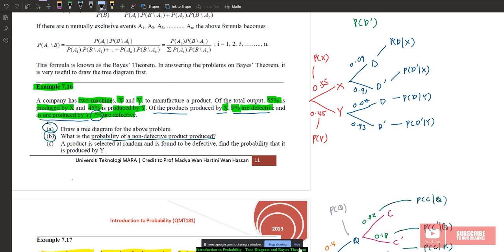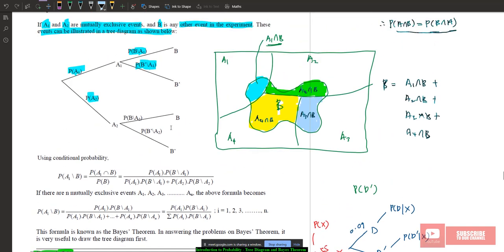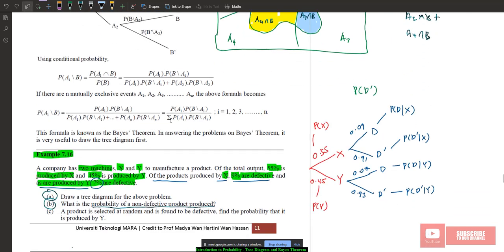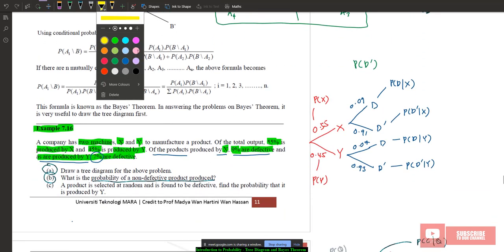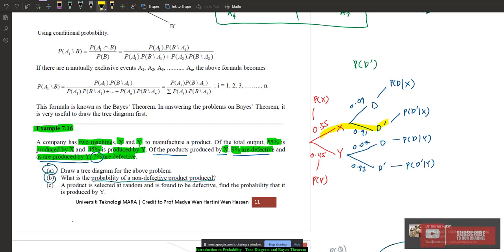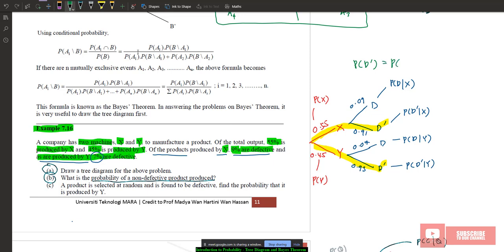If you relate it to the diagram that I showed you, this lake, if you want to find B, you need to add all the intersections with B. Looking at this tree diagram, D complement is shared with X and Y. So to find D complement, we need to add the intersection between X and D complement and between Y and D complement: the probability of X intersect D complement plus the probability of Y intersect D complement.